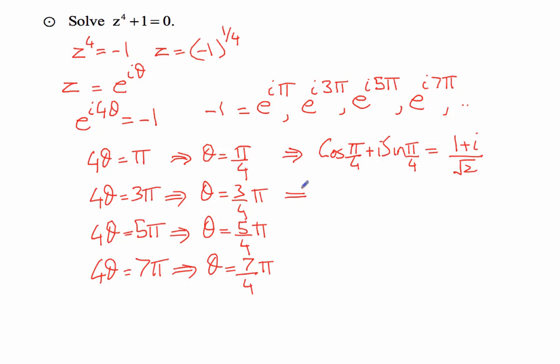And similarly, you can get all the other fourth roots of minus 1. There are 4 and only 4 distinct roots. The rest are exactly the same as we found over here.